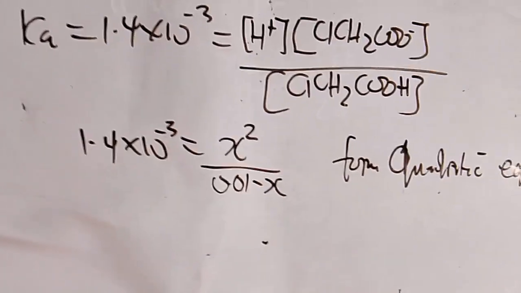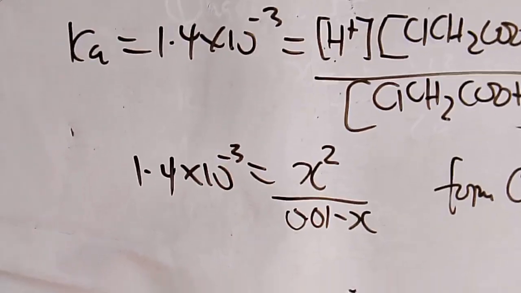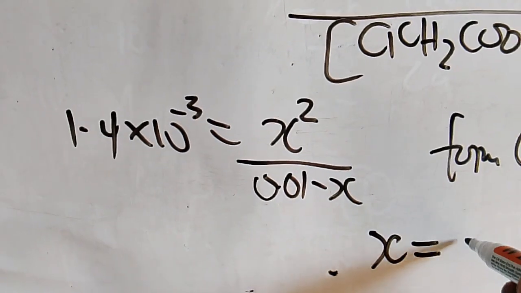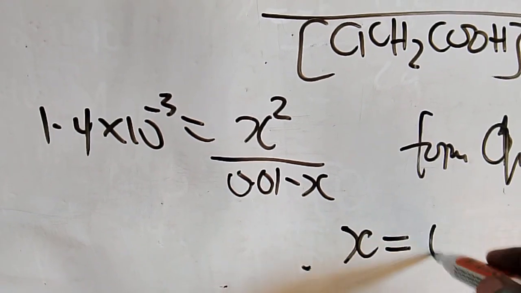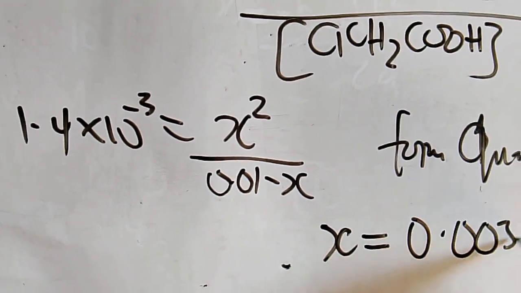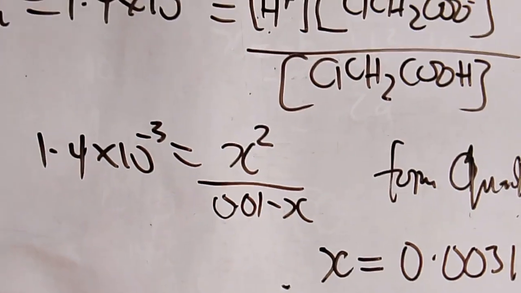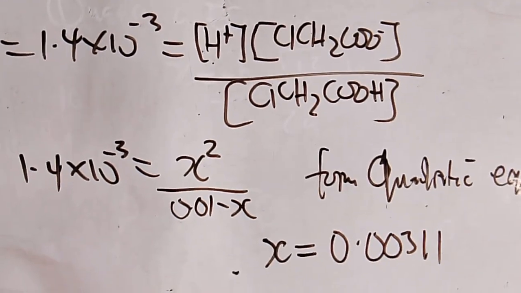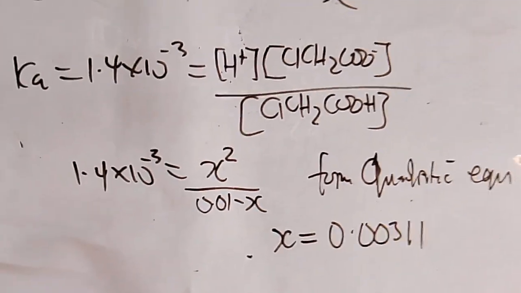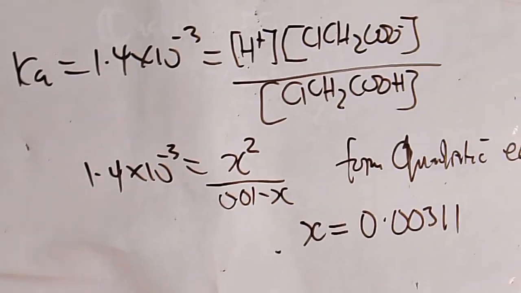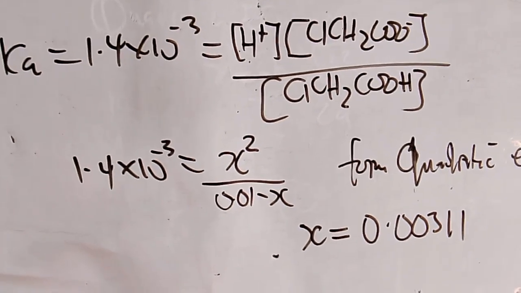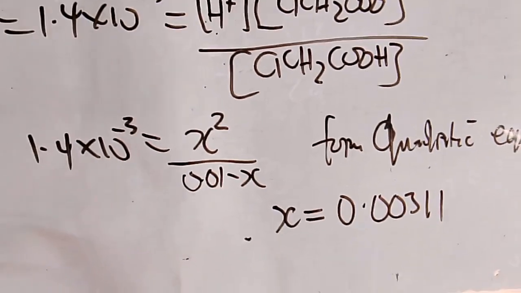When you form a quadratic equation, you are going to find your x to be 0.0000311. That is the value for x. Of course, a quadratic will give you two values, negative and positive, so only consider the positive value.